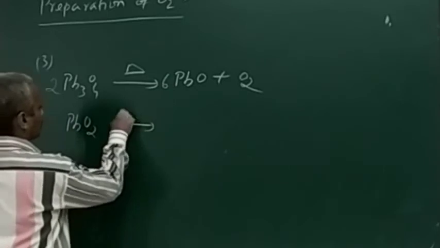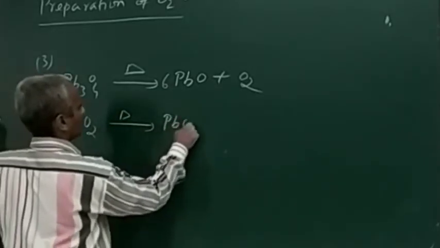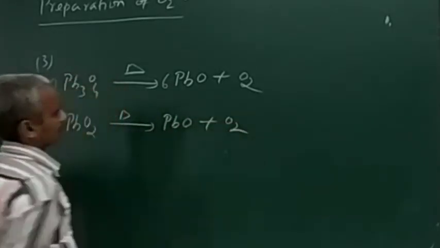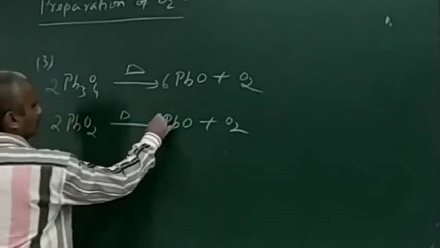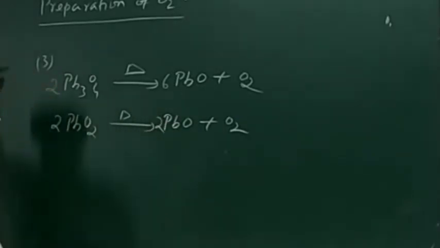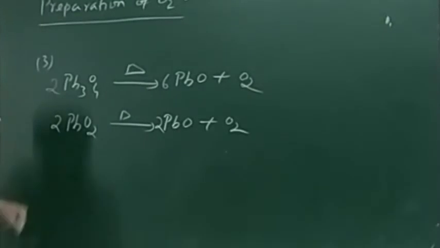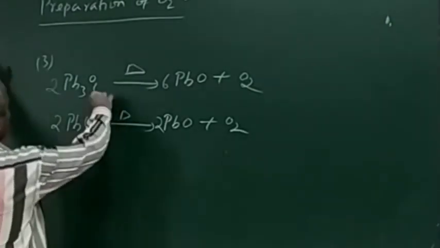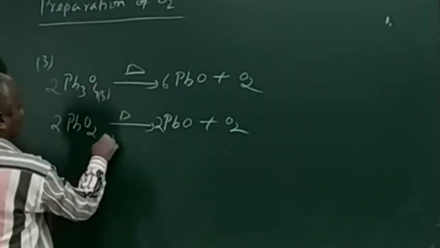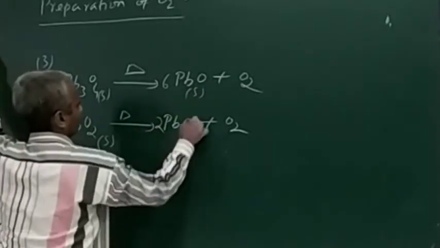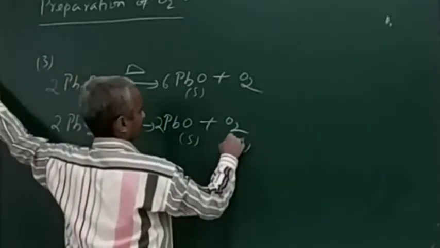PbO2, you heat it. Again, you are going to get PbO and dioxygen. Again, this equation is balanced, I think so. These are all solids, this is a solid, this is a gas.